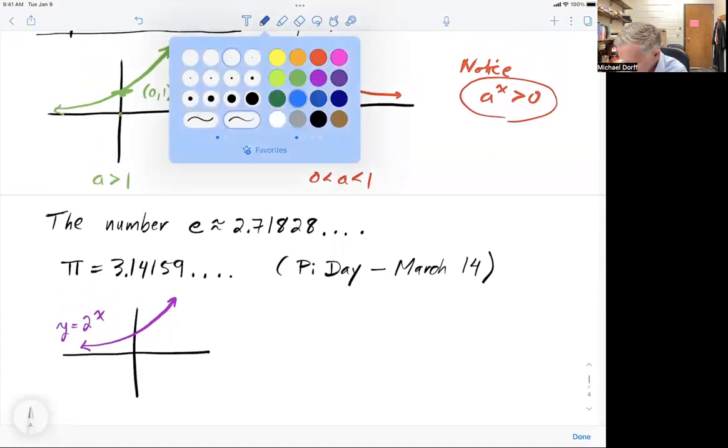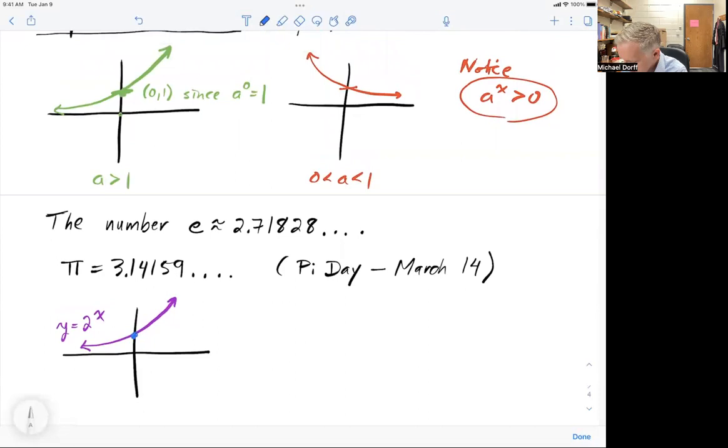What I'm interested in is at this point here, if I were to draw a tangent line, a straight line that touches at that point, kind of balancing on the purple curve, so it doesn't intersect the curve more than once near that point, which is, of course, (0, 1), as we mentioned above. What is the slope of that line? It turns out the slope of this line is about 0.7.